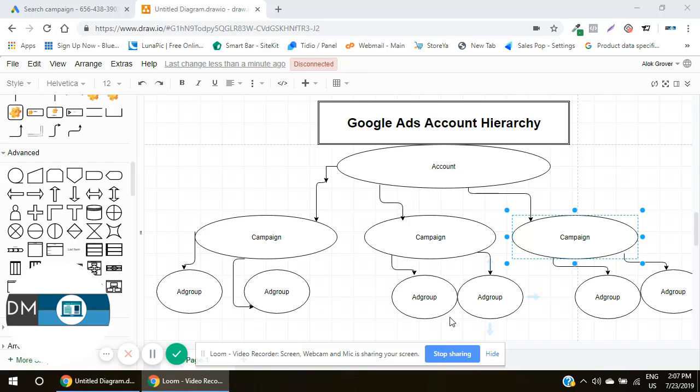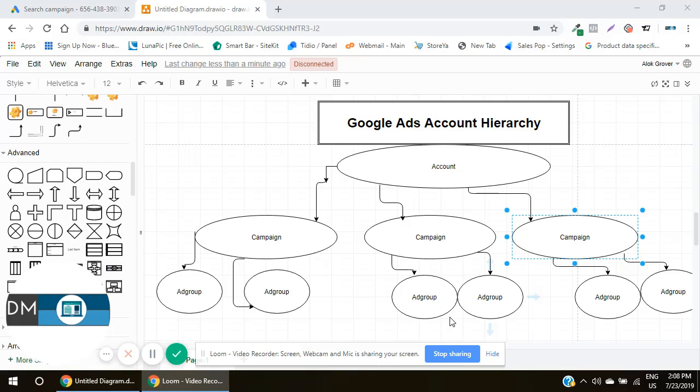Now, do you want to create a separate campaign for each of these products? A separate campaign for push-ups, separate for dumbbells, separate for treadmills, separate for steppers? Or do you want to create one campaign for gym equipment and have separate ad groups for each of these products: separate ad groups for push-ups, dumbbells, treadmill, cycle, or stepper?